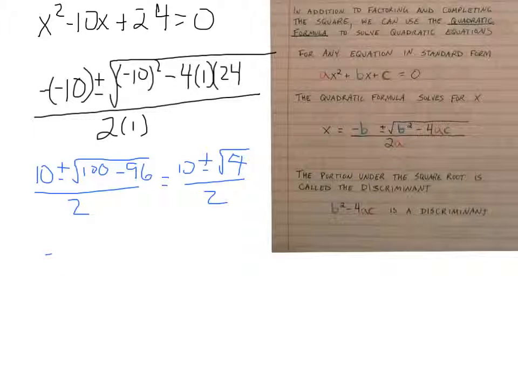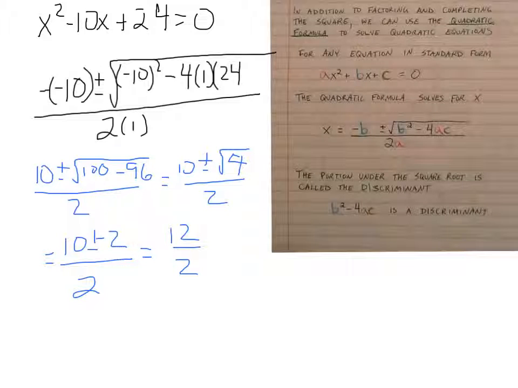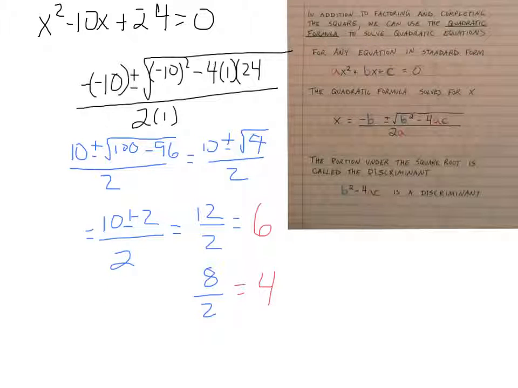Simplifying further, we get 10 plus or minus 2 over 2, which is equal to either 12 over 2 or 8 over 2, which means our answers are 6 or 4. You can see that the answers 6 and 4 match our two other versions where we used factoring and completing the square to solve it.